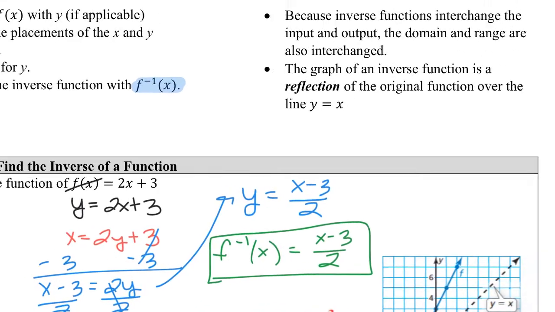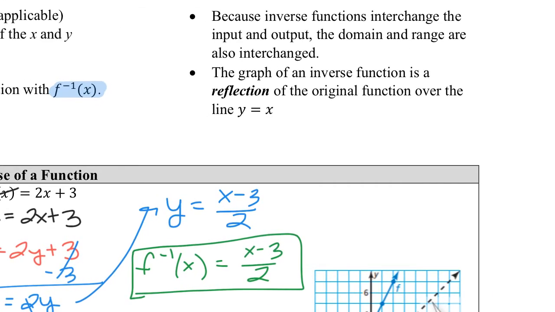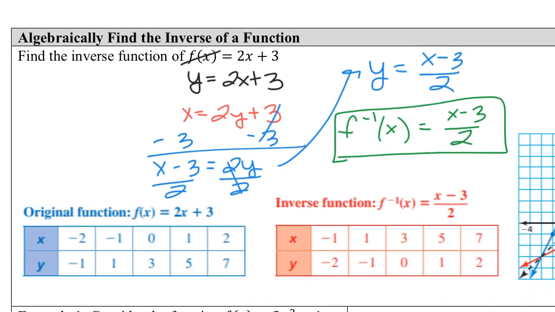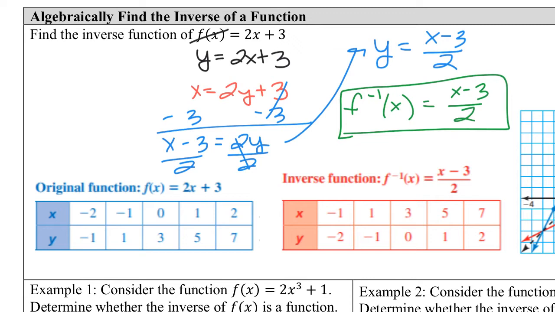Now, some properties of inverses. Because inverse functions interchange the input and the output, since we flip-flopped x and y, the domain and the range are also interchanged. If we look at the tables of our functions, the blue table is the original, and the red table is the inverse.